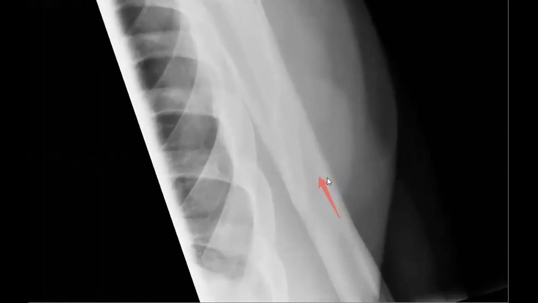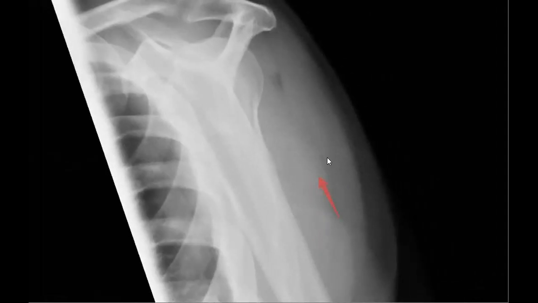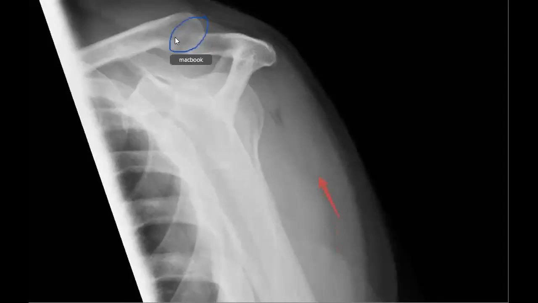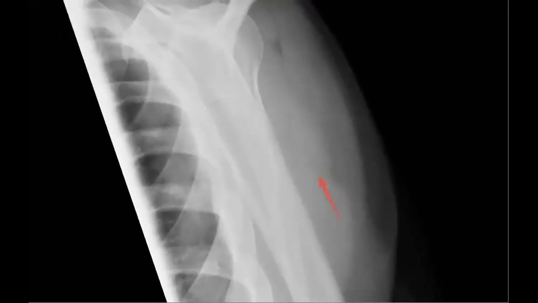When you check for the shoulder, always check for any other associated lesions. So you will check for AC dislocation, glenohumeral dislocation, but don't forget the chest. So what is here? Pneumothorax, typical pneumothorax.